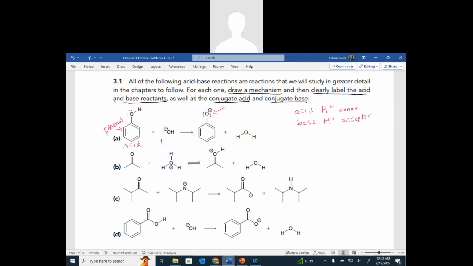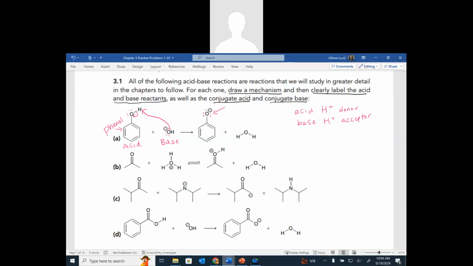Therefore our hydroxide must be working as a base, and the negative charge on oxygen indicates 3 lone pairs. One of those lone pairs will grab that hydrogen, that proton, and then we'll draw a second curved arrow showing movement of the electrons to that oxygen on the phenol. That's how it has the 3 lone pairs now on the product side.